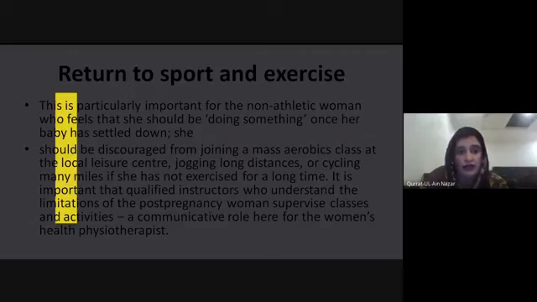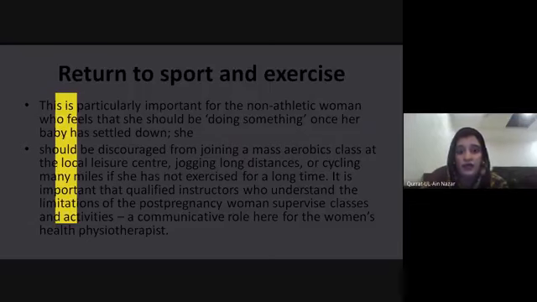This is particularly important for the non-athlete woman who feels that she should be doing something once her baby has settled down. She should be discouraged from joining a mass aerobic class at the local leisure centers. Jogging long distances and cycling many miles if she has not exercised for a long time are very harmful for the mother, especially in the antenatal period.